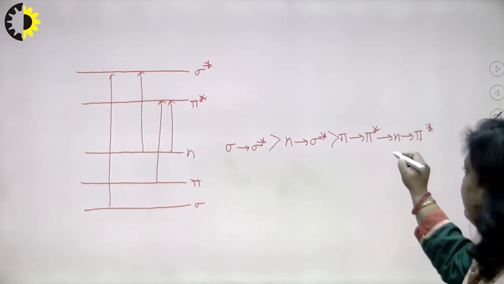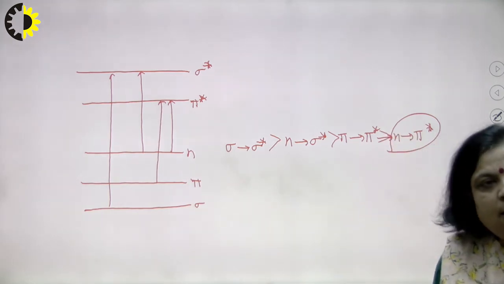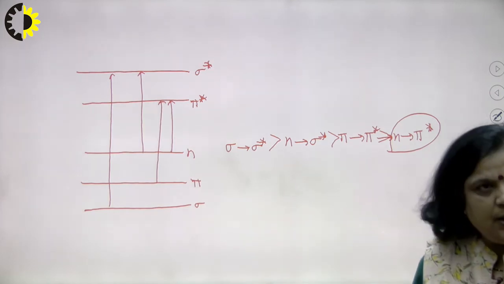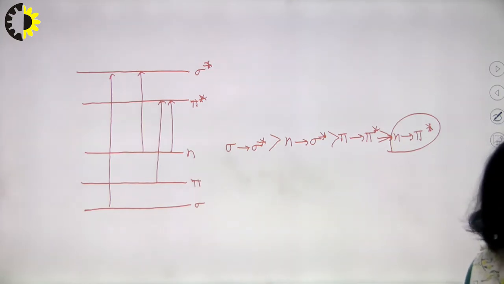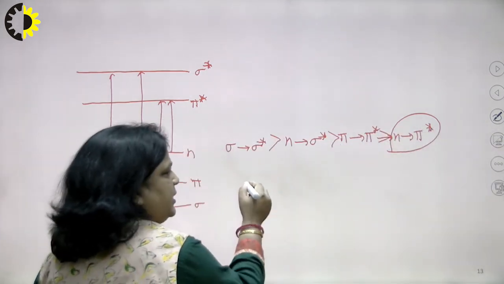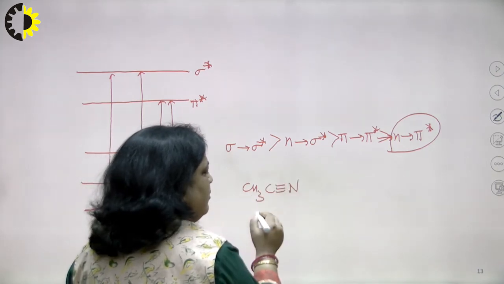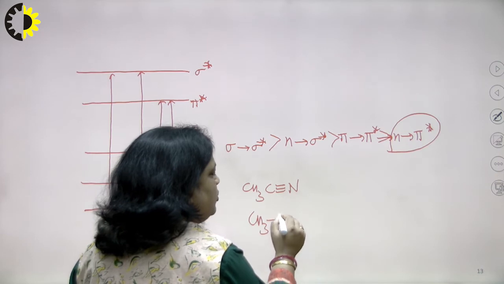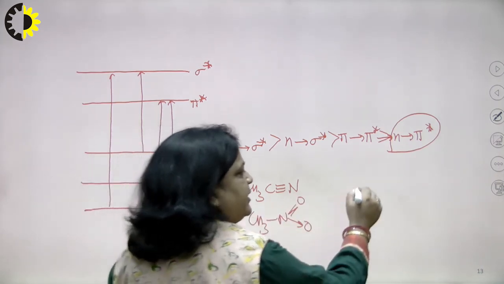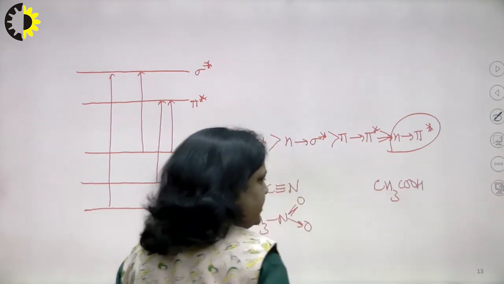And that is why, since the minimum energy is required, this transition generally appears in the visible region. And suppose the examiner asks, find the transition in CH3CN, find the transition in CH3NO2, and find the transition in acetic acid, CH3COOH, all possible transitions.